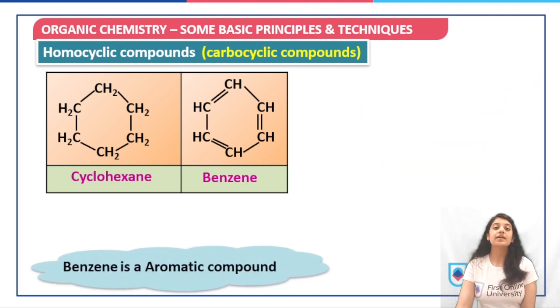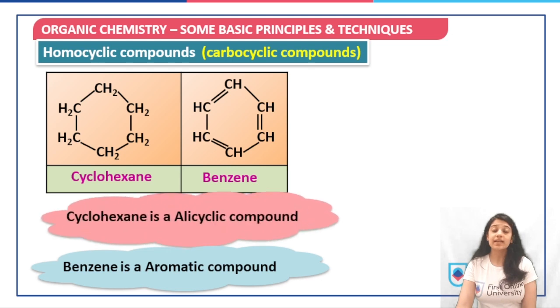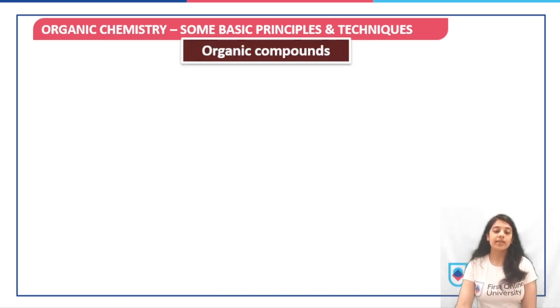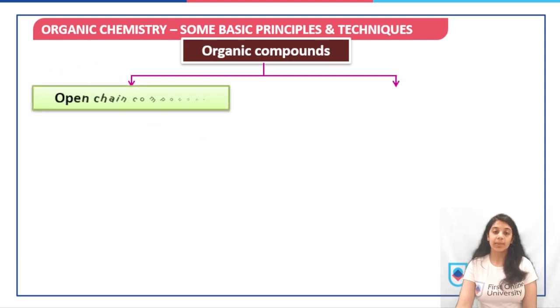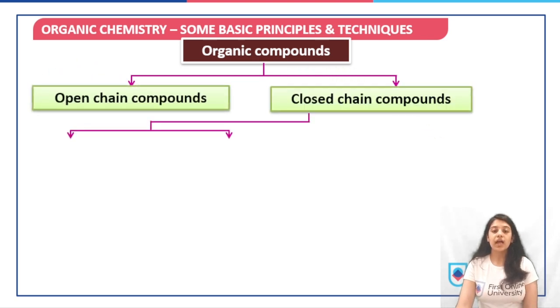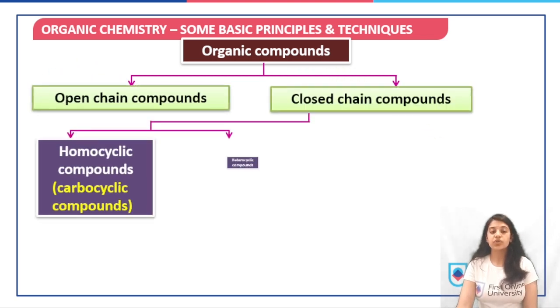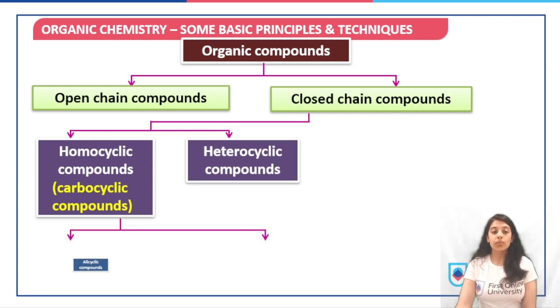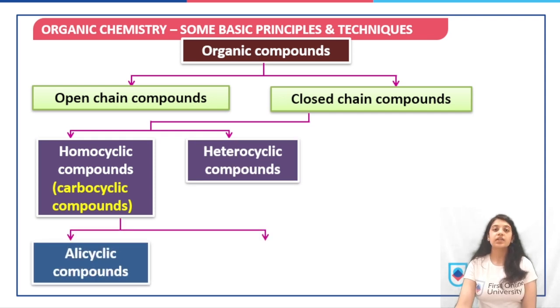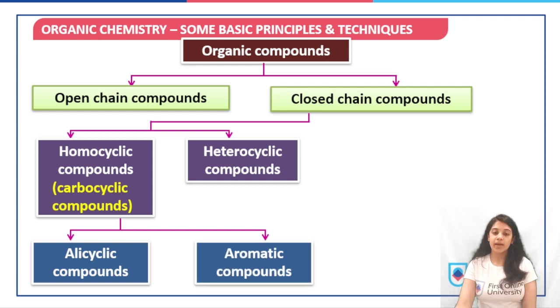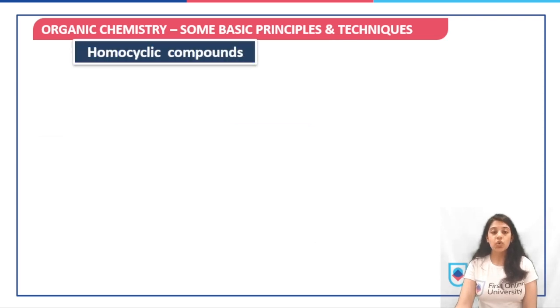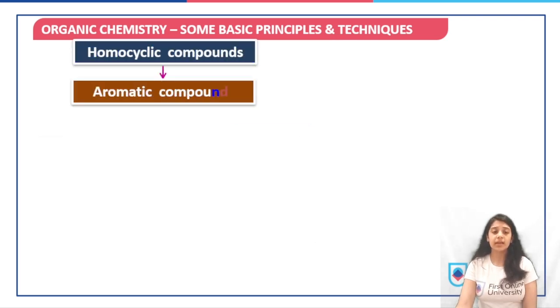Benzene is an aromatic compound. And we already know that cyclohexane is an alicyclic compound. So now we have further classified open chain and closed chain into homocyclic and heterocyclic. Homocyclic can be further classified into alicyclic and aromatic compounds. Let us talk about homocyclic compounds.